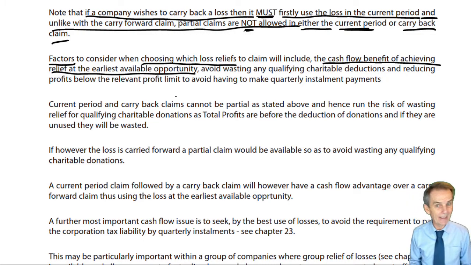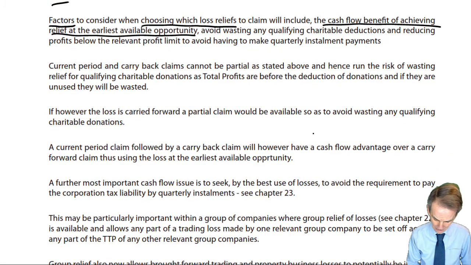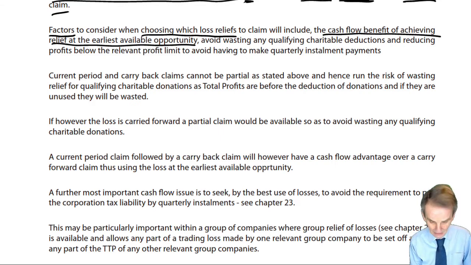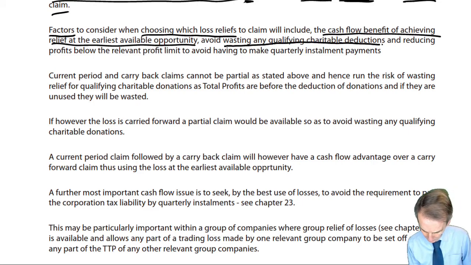But it might still be an idea to have that carry forward, because as we will see, the cash flow benefit, of course, is a major issue, and that is current period and carry back claim as a preference to the carry forward claim. The problem is that the current and carry back claims may waste qualifying charitable donations. So clearly an objective is to avoid wasting the qualifying charitable donations. A further objective, we'll talk more about how we can get the benefit of avoiding wasting qualifying charitable donations.